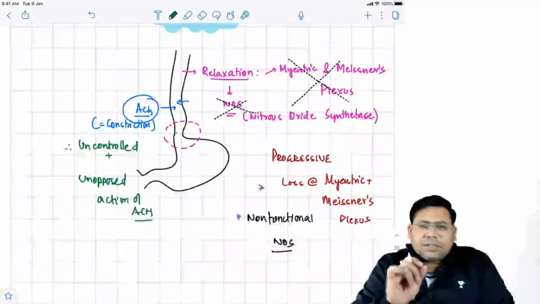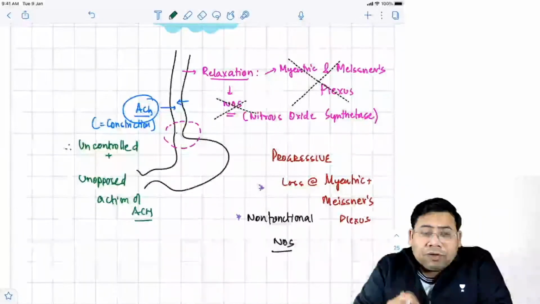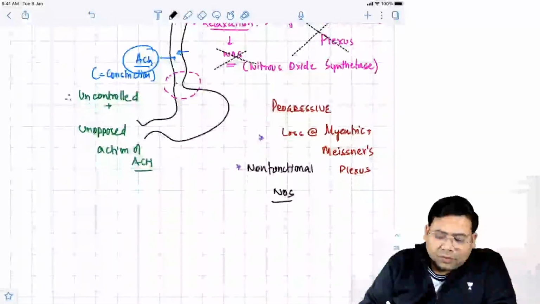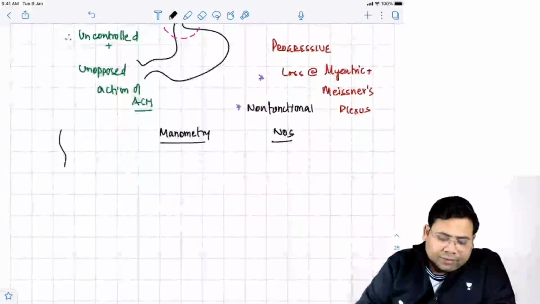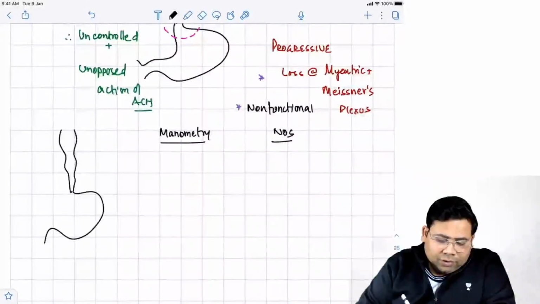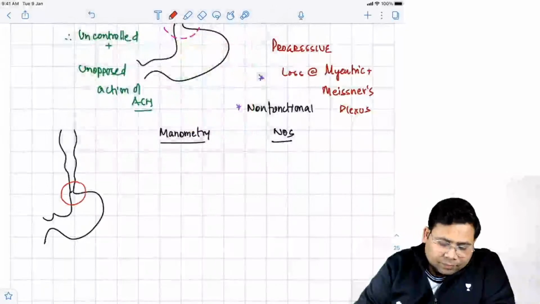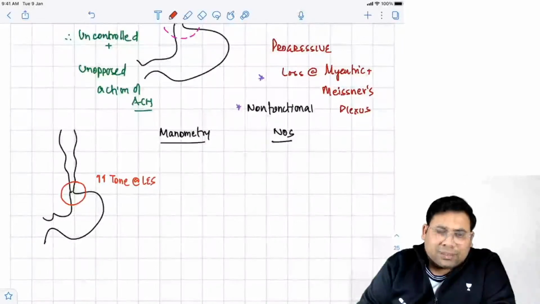This is a very simple thing. Because of this, what will happen? Just see. The first thing is on manometry. On manometry, what are you going to get? First of all, there will be increased tone at the LES, and it is going to fail to relax.